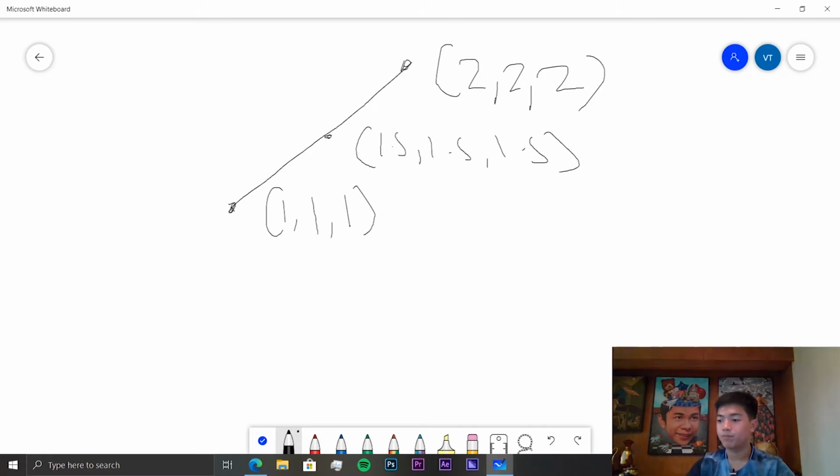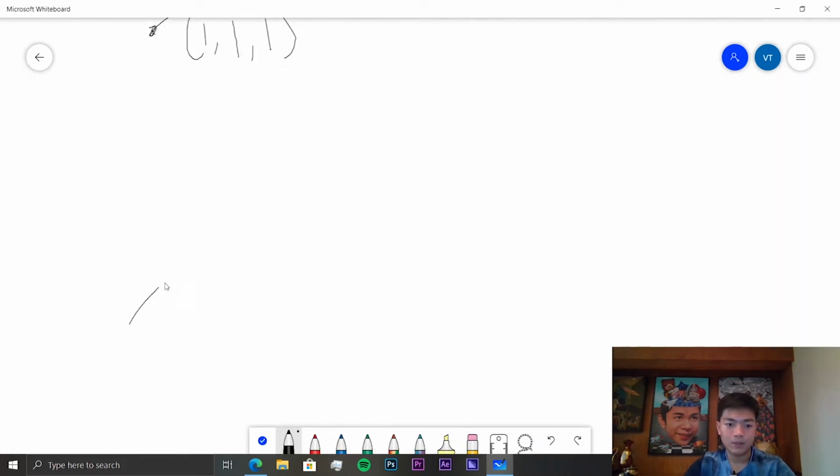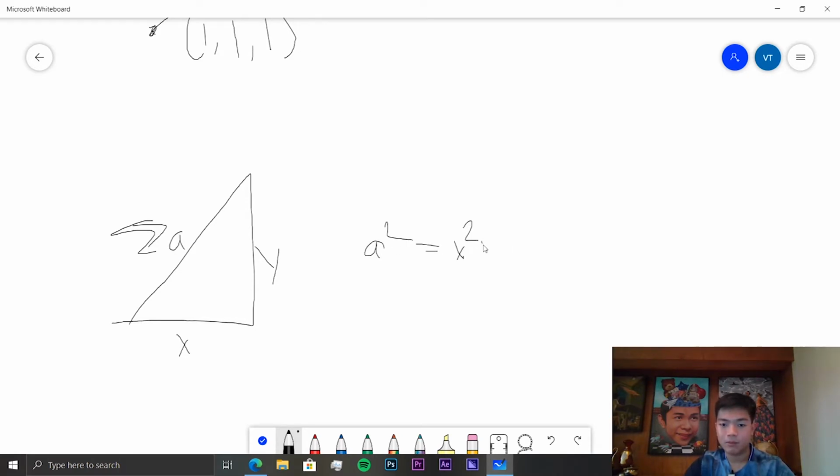That was pretty simple. In terms of 3D space, to get the distance of this line segment, we need to turn to Pythagoras. In 2D space, to get the distance of a line segment, you have x and y, and a squared is equal to x squared plus y squared. If we convert this into 3D space, how do we add another dimension here?